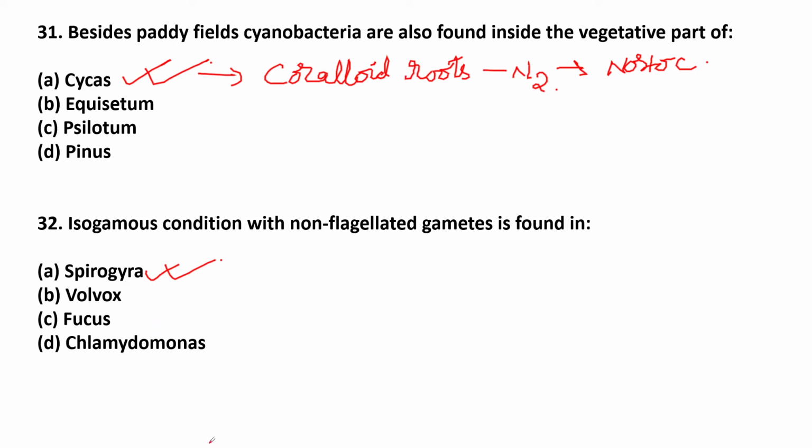Volvox and Fucus are oogamous, and Chlamydomonas is isogamous with flagellated gametes.